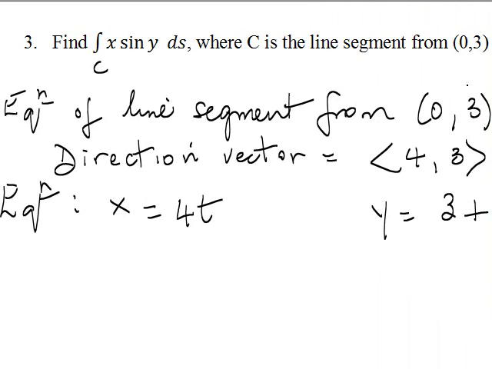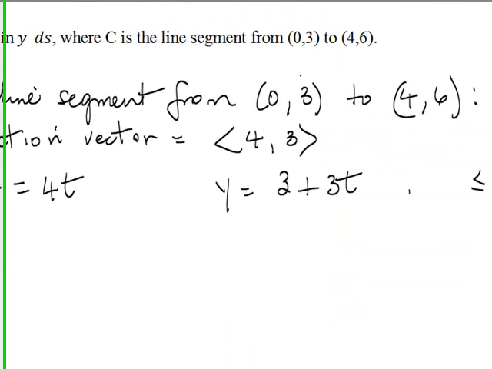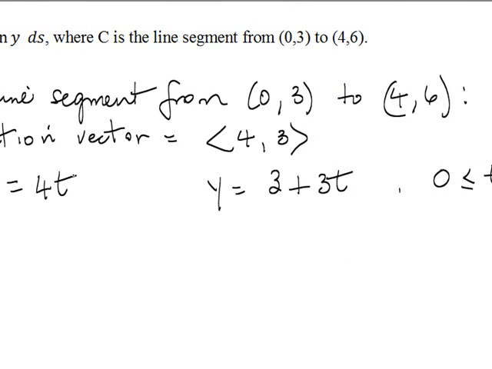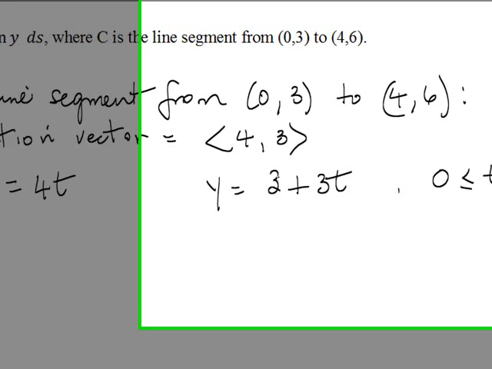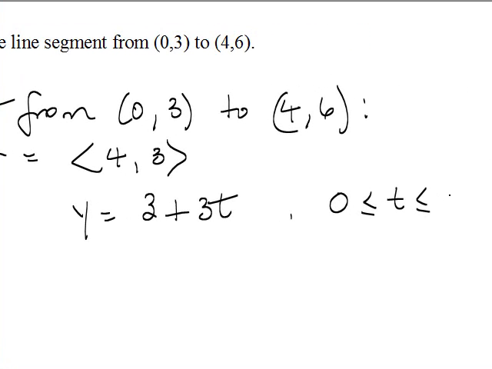Remember, the line segment is moving from (0,3) to (4,6). So 0 upon substitution will give you (0,3). Now, what value of t will give you (4,6)? 1. So when you put 1 into the parametric equations, you get (4,6). Okay, so we have the range of values for t. So when you have done that, everything is the same.